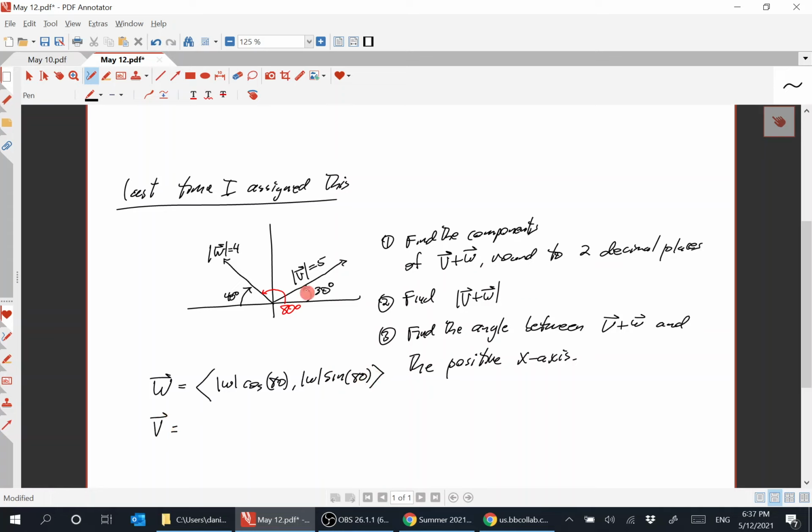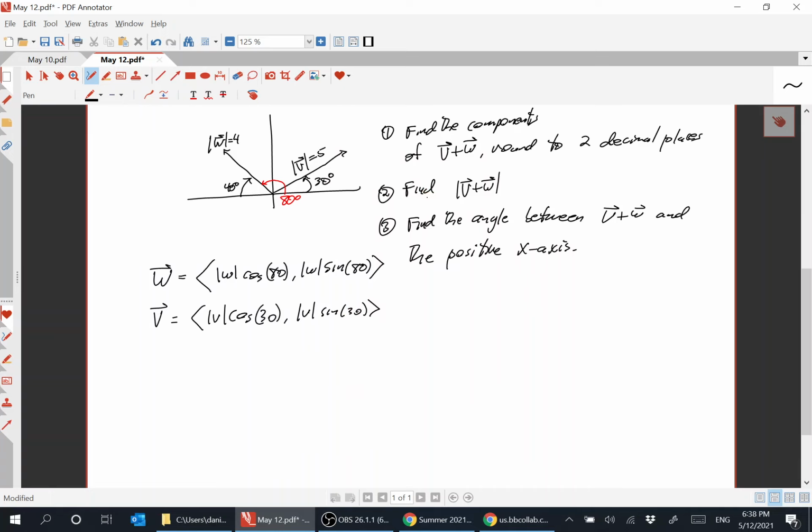And v, well, we've already got that angle, is length of v cosine 30, length of v sine 30. So the sum, v plus w, where length of w is 4, is 4 cosine 80 plus 5 cosine 30, comma, 4 sine 80 plus 5 sine 30. And that will give us the components of v plus w.